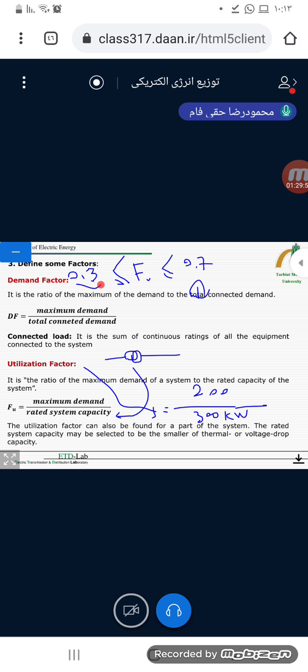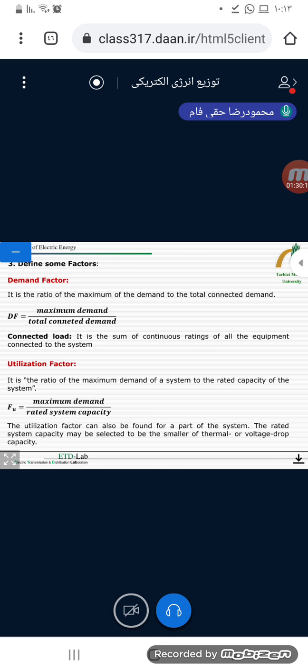You use a very big transformer for a small load. In this year, the utilization factor approaches the lowest number, and in heavy load the utilization factor reaches 1. Okay, no problem.